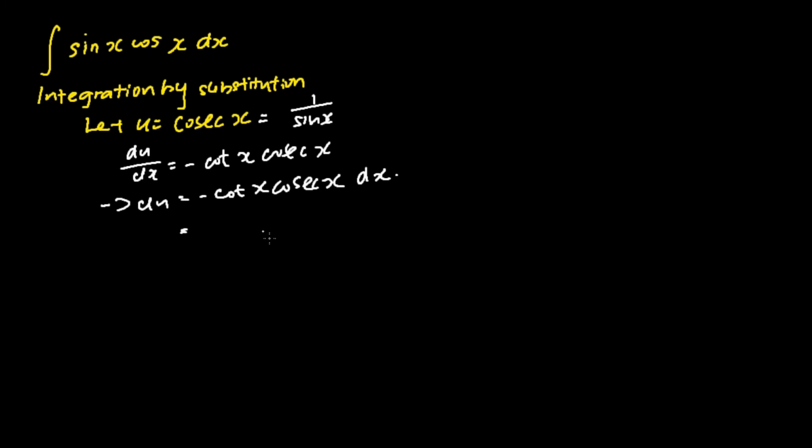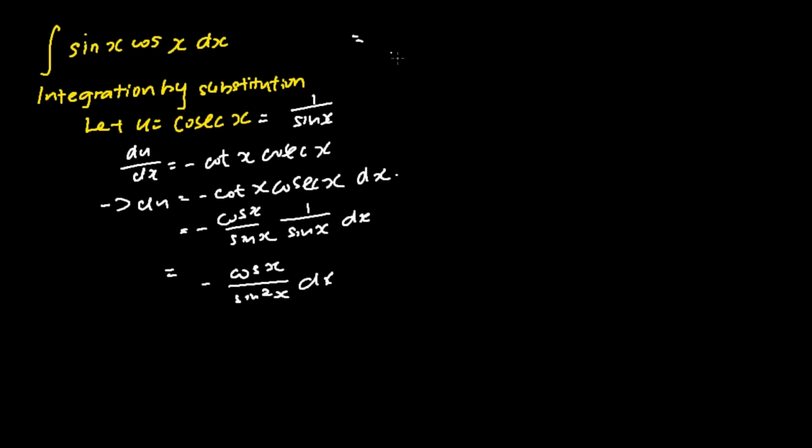We further transform the cotangent x cosecant x as follows. My cotangent x is just cosine x over sine x while my cosecant x is basically 1 over sine x dx. Simplifying further, we get negative of cosine x over sine square x dx.